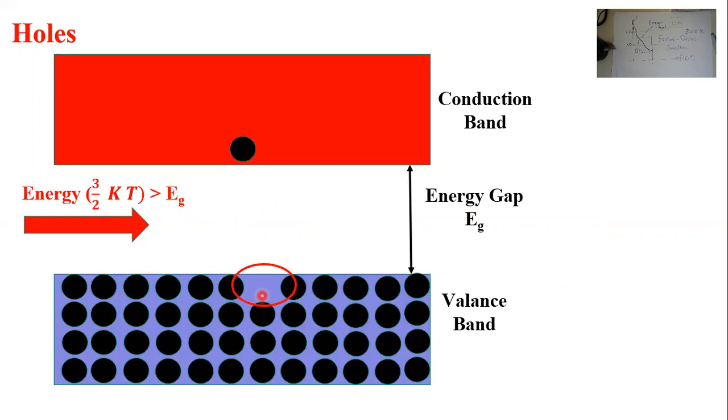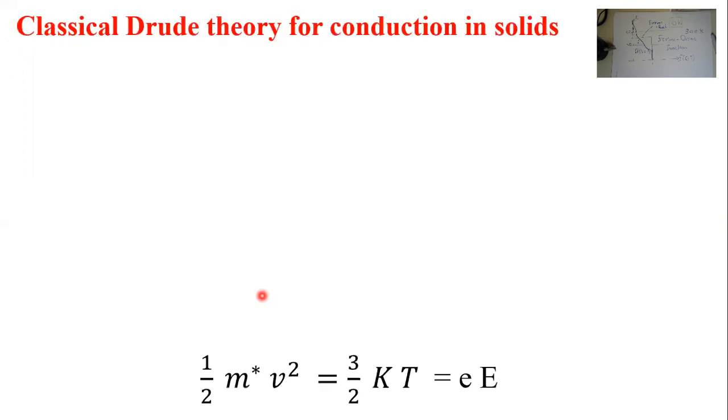Okay, that's correct so far. Maybe 2 or 3 lectures from now, we will know that this is not correct all the time. But for the time being, please consider that the number of electrons in the conduction band, which is N, is equal to the number of holes in the valency band, which is P. So N and P are equal so far.